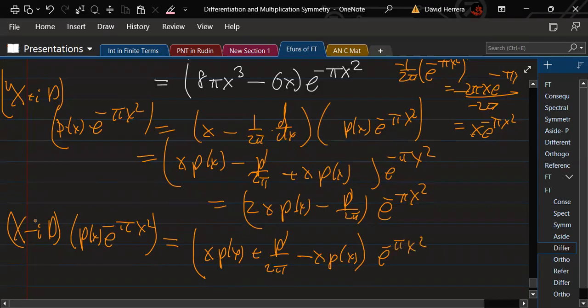And now, because you have the minus i here, it turns into just a normal derivative over 2 pi. And then the normal derivative with this negative exponential term makes multiplying by x cancel. So these cancel here, and then you decrease the degree of the polynomial. So that's why it's a lowering operator. So that's kind of a neat thing to look at.